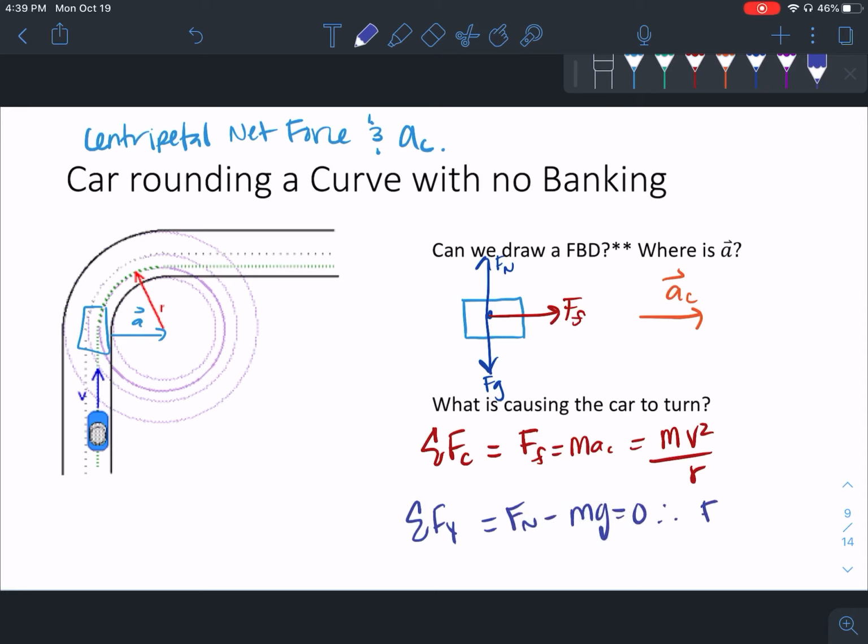Therefore, force normal equals mg. So we have that information. But notice when we're taking a curve that's not banked, the only thing actually allowing us to go around the curve is our force of friction. That's what's going in the centripetal direction.